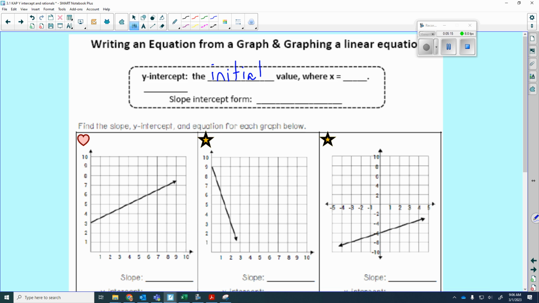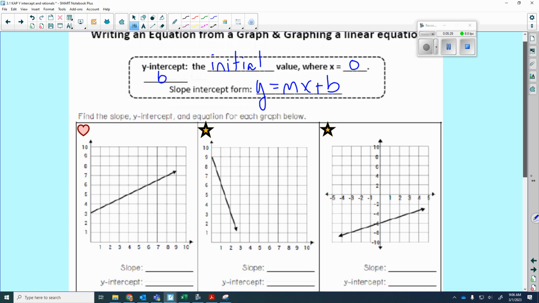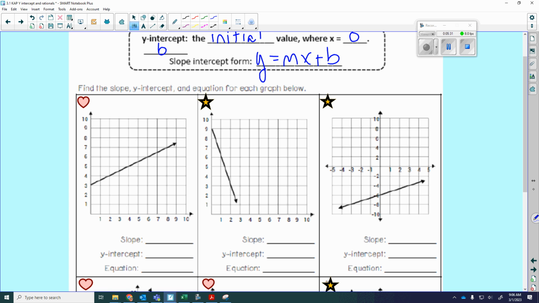It's the value where x equals 0. It's also b. Slope-intercept form we know is y equals mx plus b. We've been focusing a lot on slope, but let's switch gears and talk more about the b today.